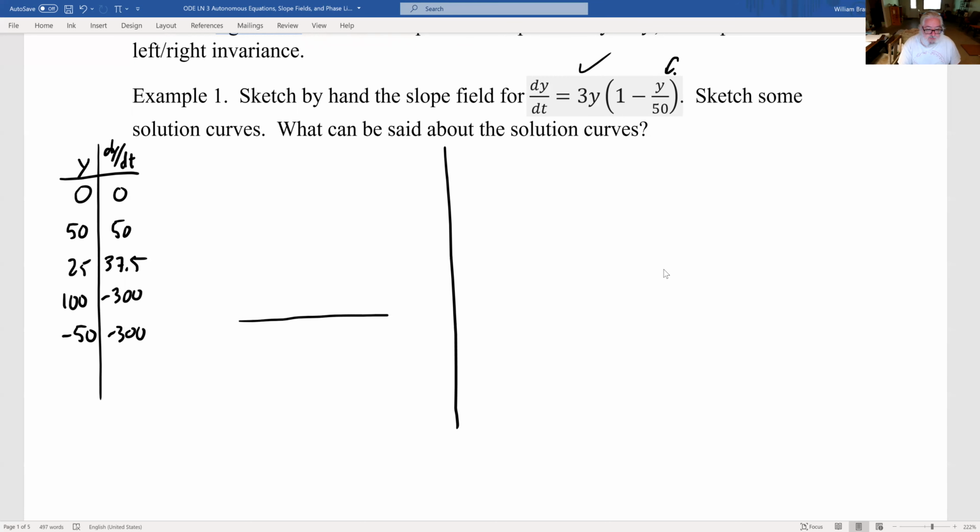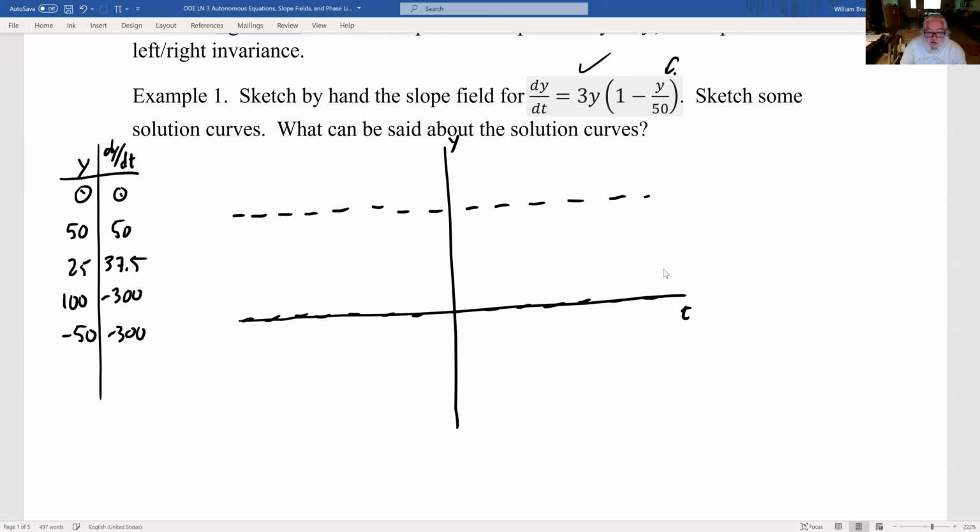How do we draw a slope field? Our axes are t and y. Everywhere along the line y equals 0, we draw in horizontal tangent lines. Now y equals 0 is the t-axis, so we put in horizontal tangent lines here. All along the line y equals 50, up here, we also get horizontal tangent lines.